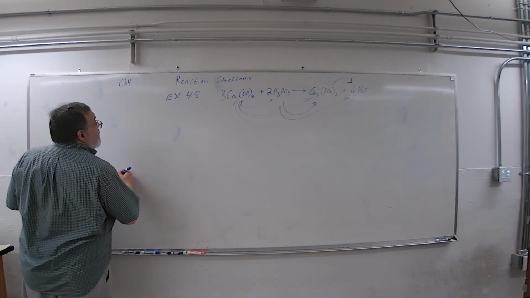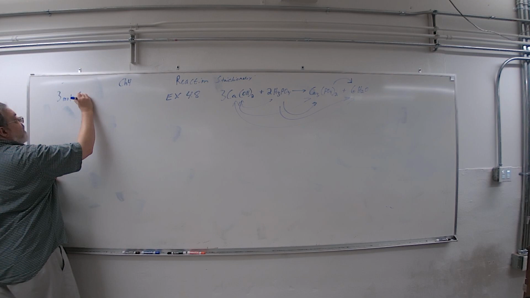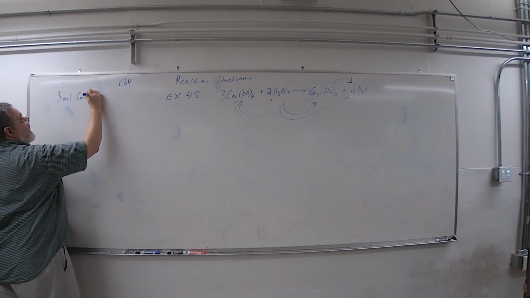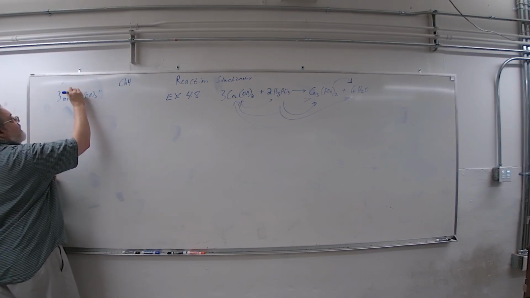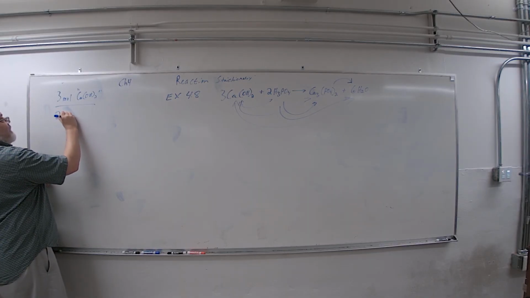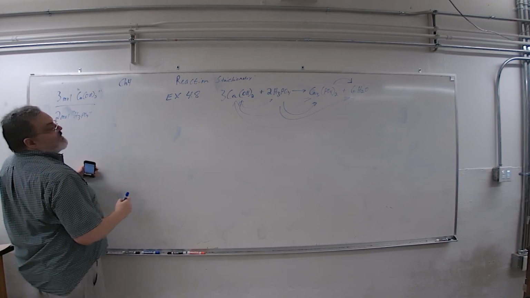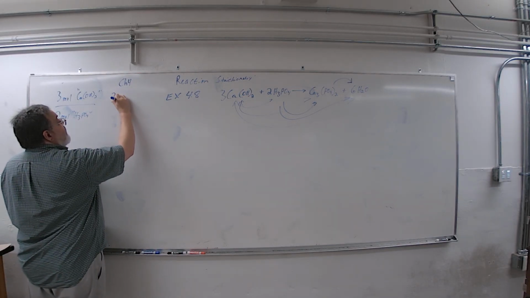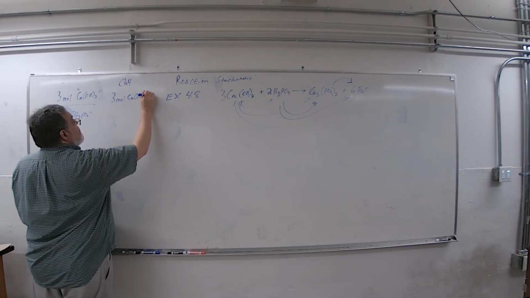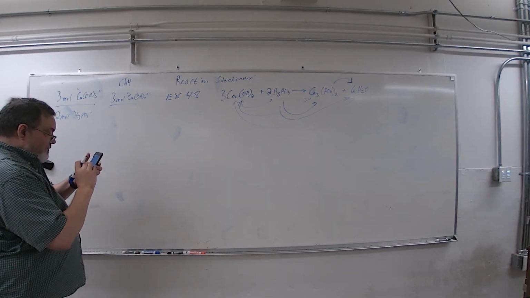So our relationships here are 3 moles Ca(OH)2 to 2 moles of H3PO4. Next is 3 moles of Ca(OH)2 to, make sure that's 1 mole.